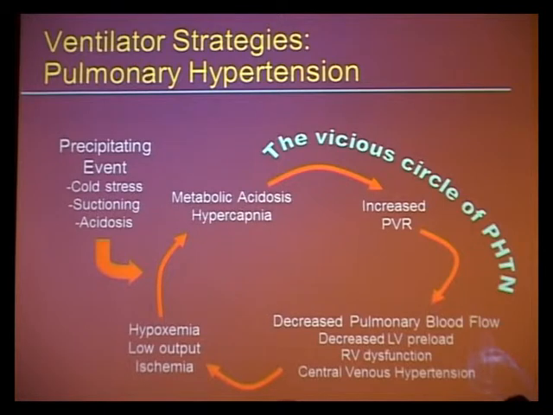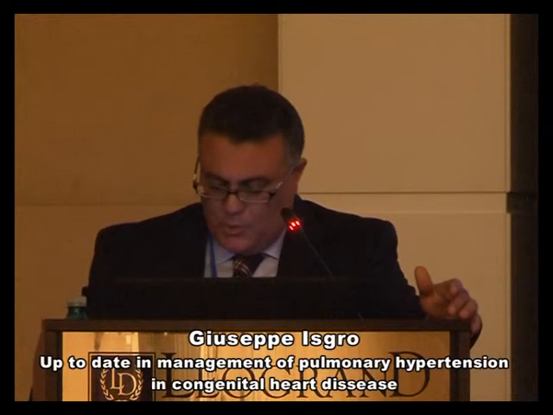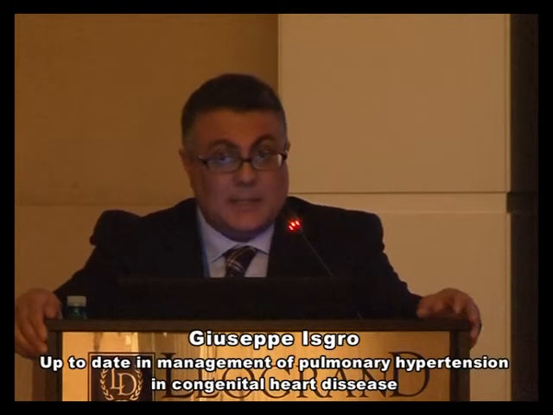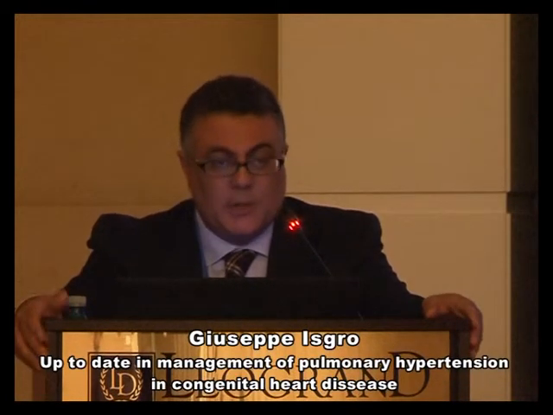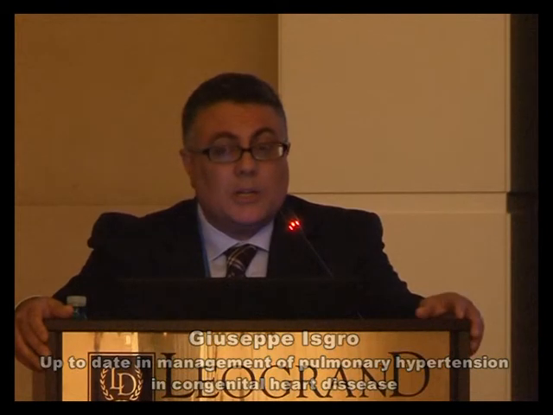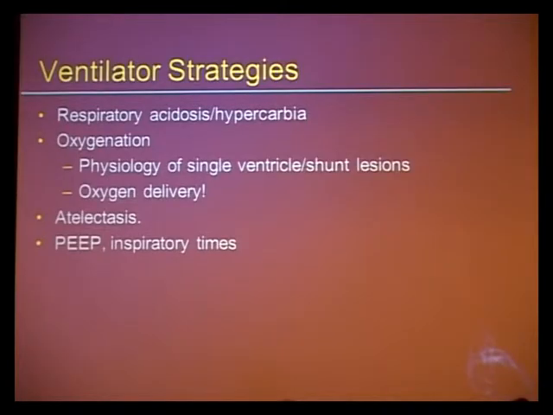So we have to break this circle, this vicious circle, just to keep the patient in a very good condition to be treated as soon as possible and to permit the rapid extubation of the patient. We have to treat the patients with some different ventilator strategies. We know very well the ventilation strategies.